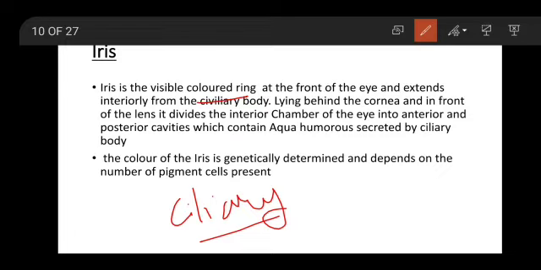It divides the anterior chamber of the eye into anterior and posterior cavities, which contain aqueous humor secreted by the ciliary body. The color of the iris is genetically determined and depends on the number of pigment cells present in it.